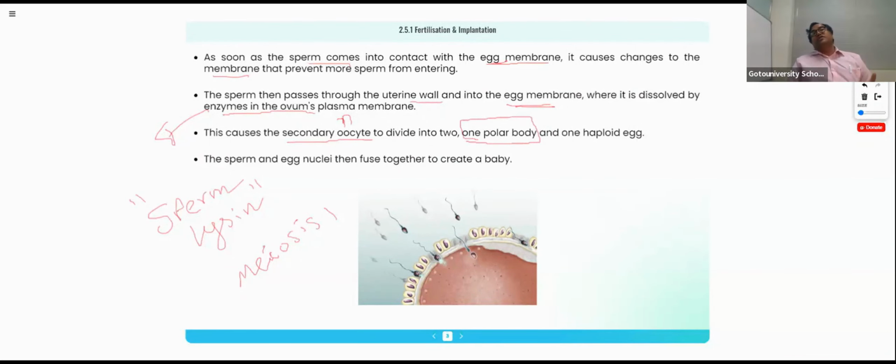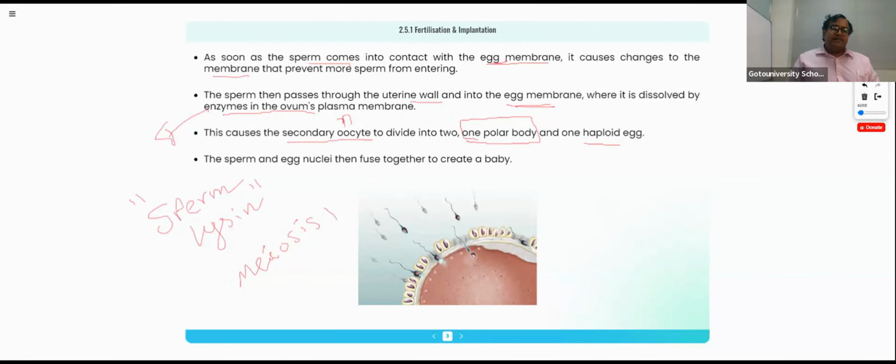If you write one polar body in the board exam, they will reduce a quarter mark. We need to say primary polar body is formed, not bodies. Singular, one primary polar body is formed along with the haploid egg, right?